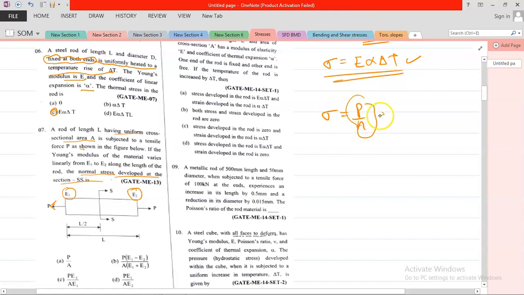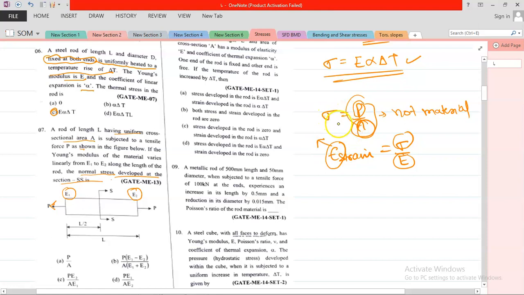Here nothing comes from the material property. The area of cross section and your force are responsible for the stress. Now if I talk about strain, then strain is a material property, because epsilon is equal to sigma by E. But stress is not a material property.